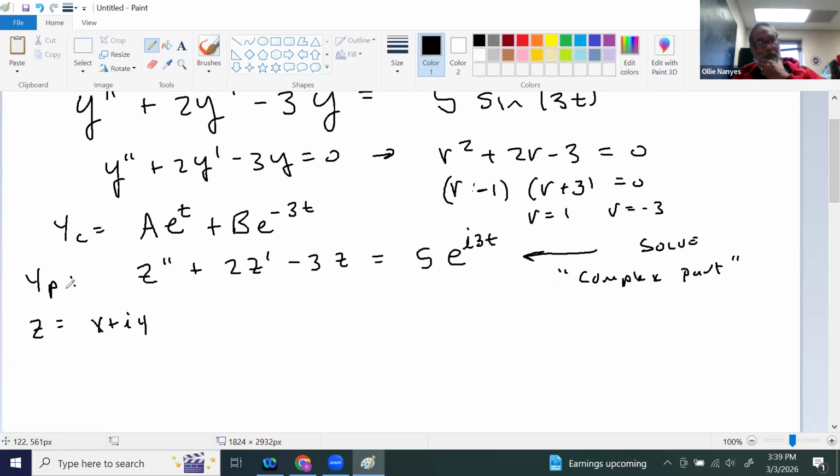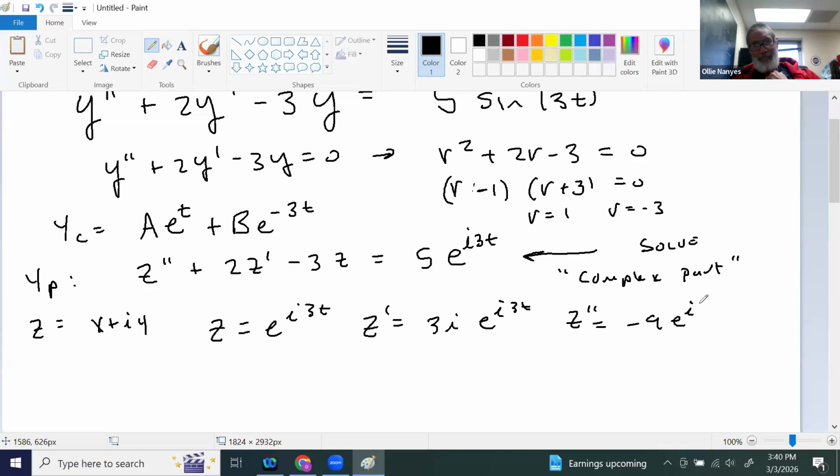The reason I want to do that is that differentiation of this is easy. If we let z equal e to the i 3t, z prime is a piece of cake, and z double prime is 3i times 3i, that's negative 9. I should actually multiply this by a complex constant, so I'll call it a.